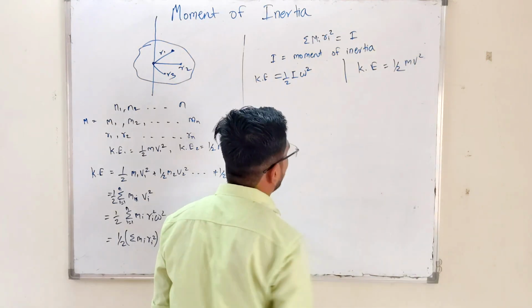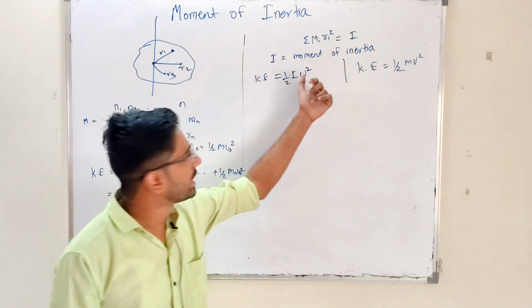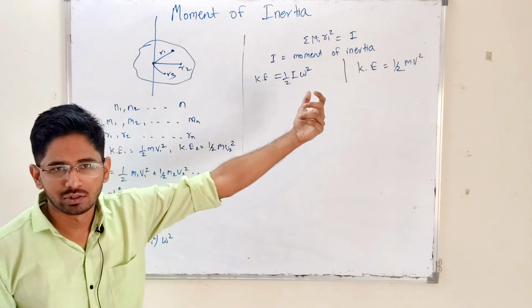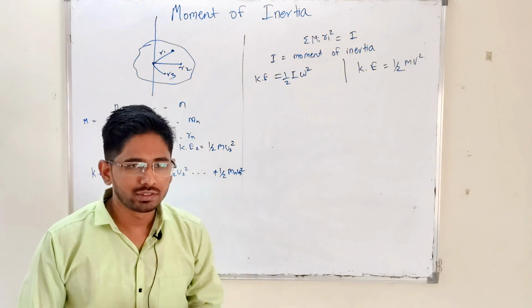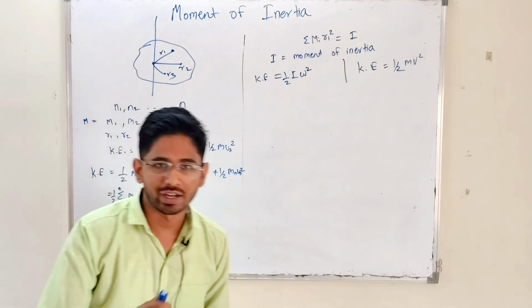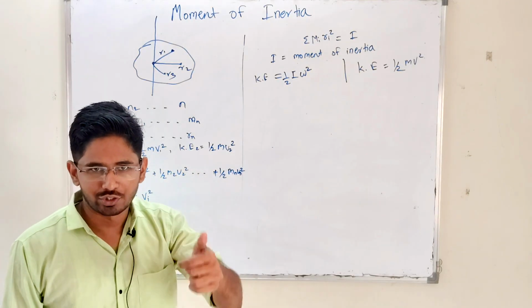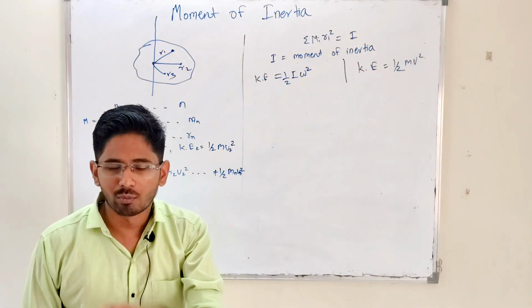So from here we can say that the formula of kinetic energy is half mv square. Here, in rotational motion, v is replaced by omega and m is replaced by I. So we can evidently say that as mass is the inertia in linear motion, I, the moment of inertia, is the inertia for rotational motion.